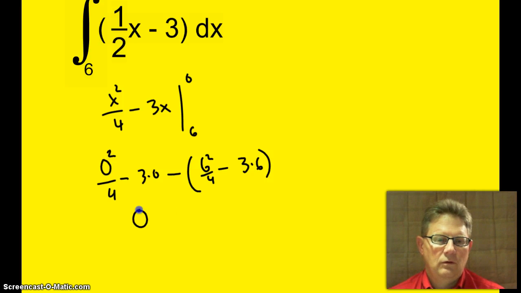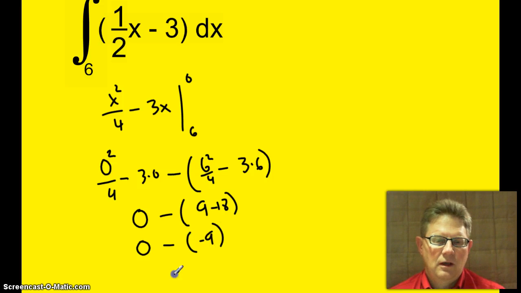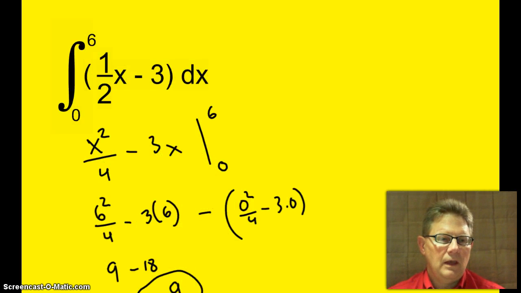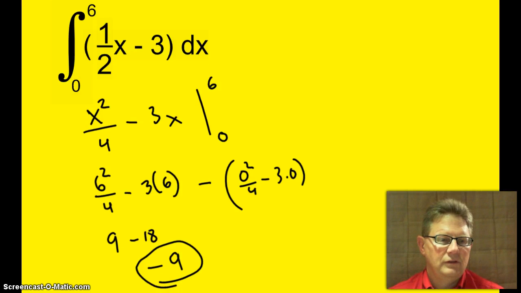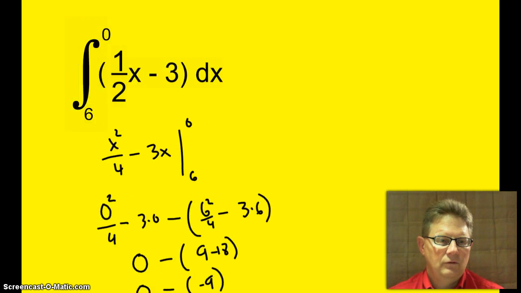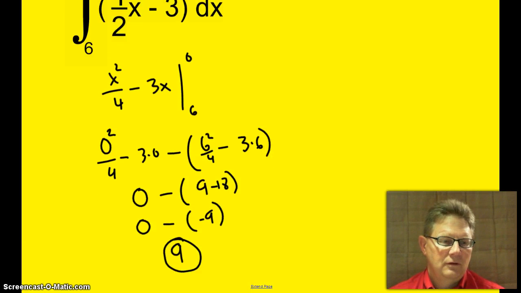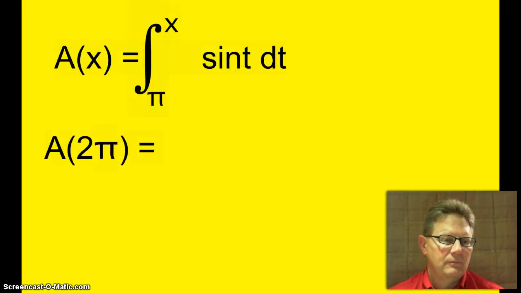So you've got 0 minus 9 minus 18. 0 minus a -9. This is 9. Notice that it is the opposite answer from 0 to 6, which was -9. This is +9 because the bounds are backwards. It looks like the second point I gave you right before the fundamental theorem of calculus.